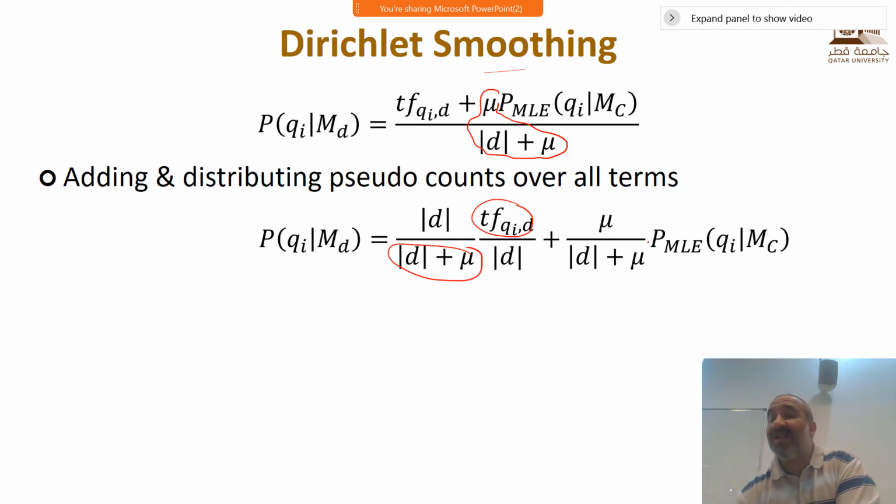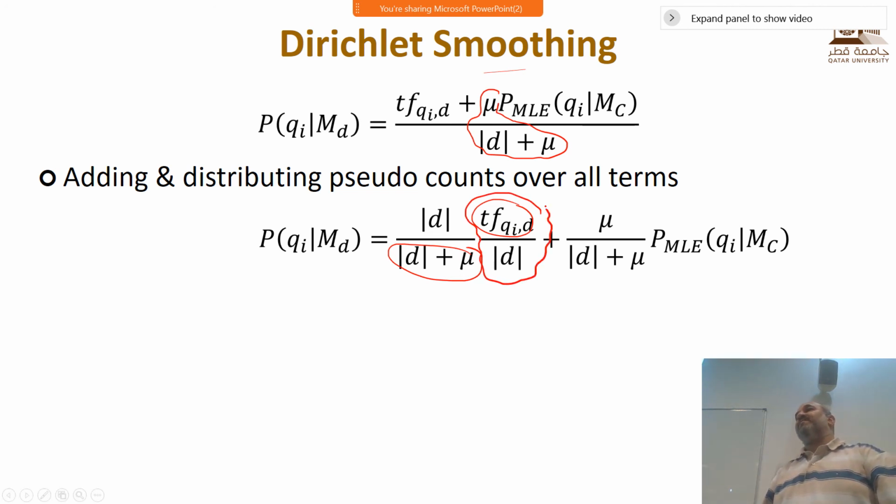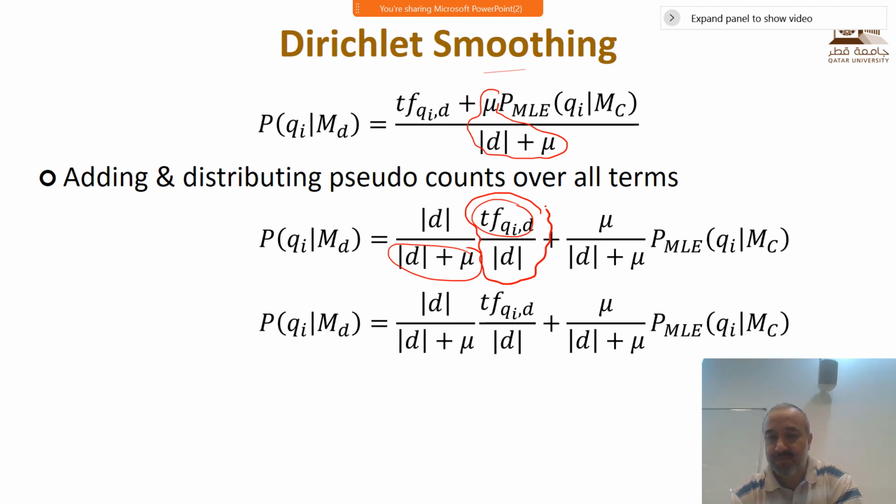Now this looks like what? Jelinek-Mercer, right? What is this now? That's the foreground probability. This is like lambda, but it's not. Okay? It's like lambda. So now we can see it that way.